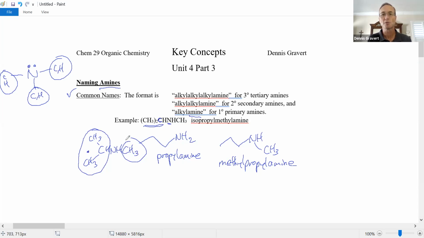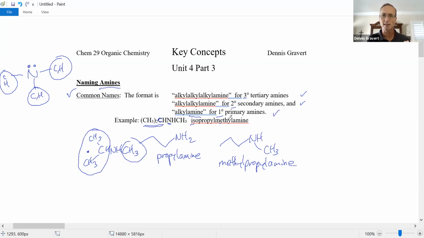Hey, that's an isopropyl group over here. You alphabetize using the I of iso, and then the methyl's an M. So the common name for this molecule is isopropyl methylamine.